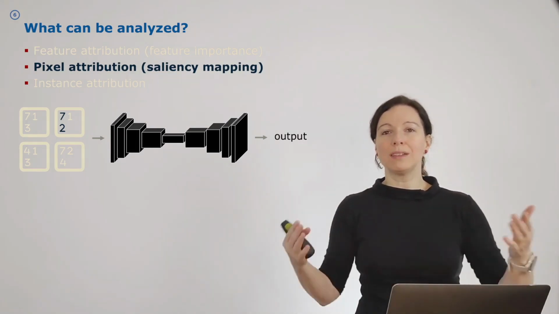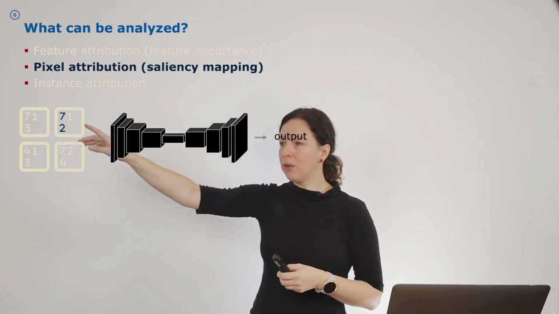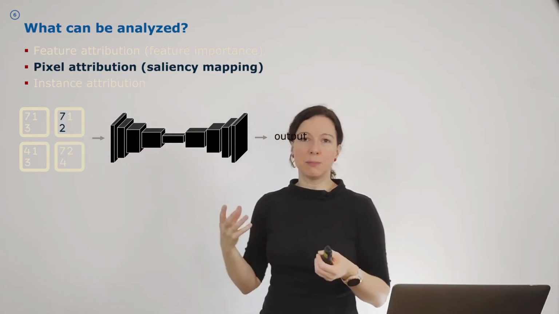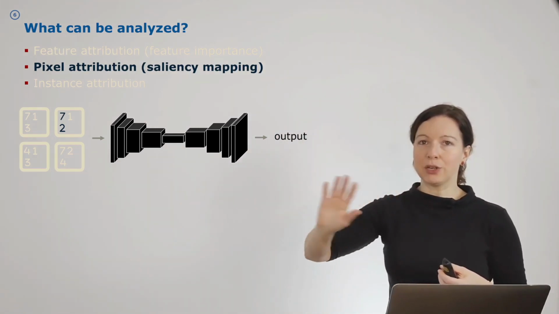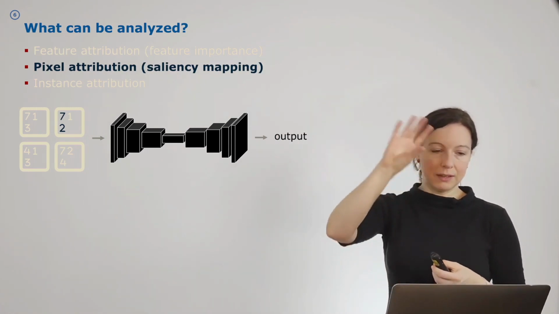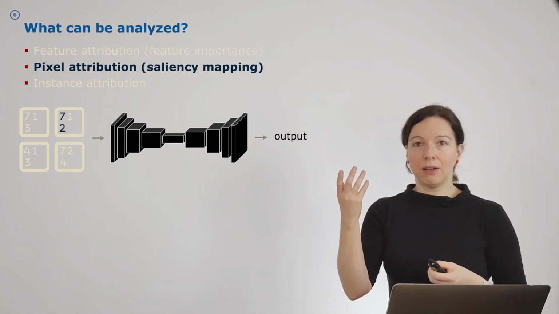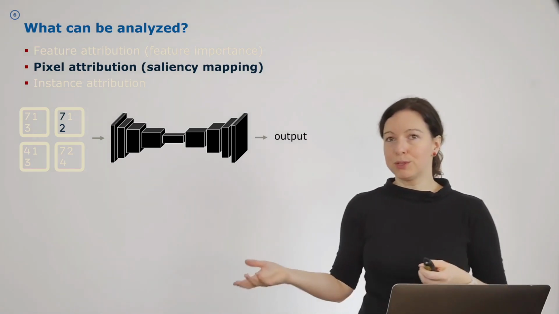So illustrated here, we are not looking at a specific feature dimension. Now we are looking at a spatial part in the image, one important part in the image, which is responsible for a specific output.